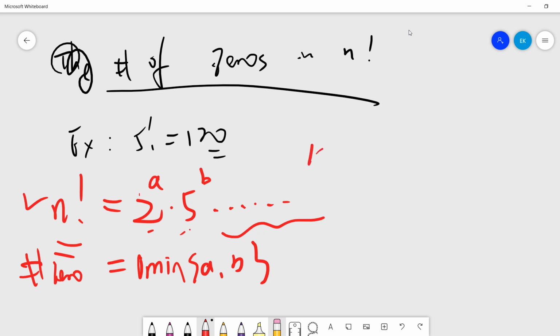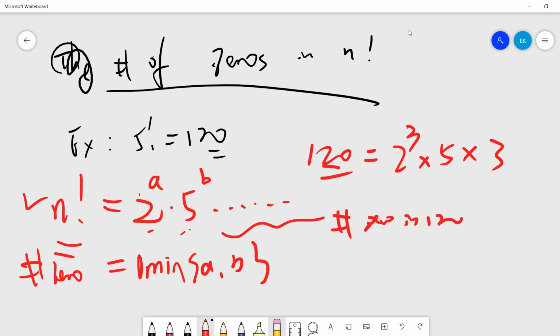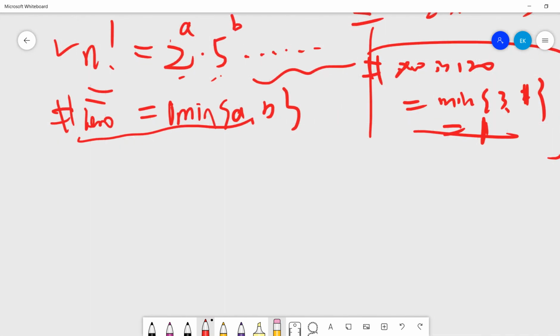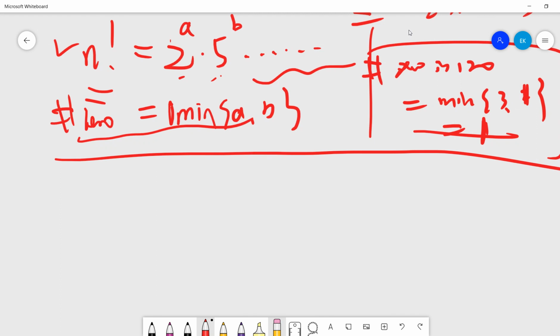For example, 120 you can write as 2 cubed times 3 times 5, so the number of zeros in 120 is just the minimum of 3 and 1. So the answer is just 1. Okay, so this is common sense. Once we know this, the rest is trivial.